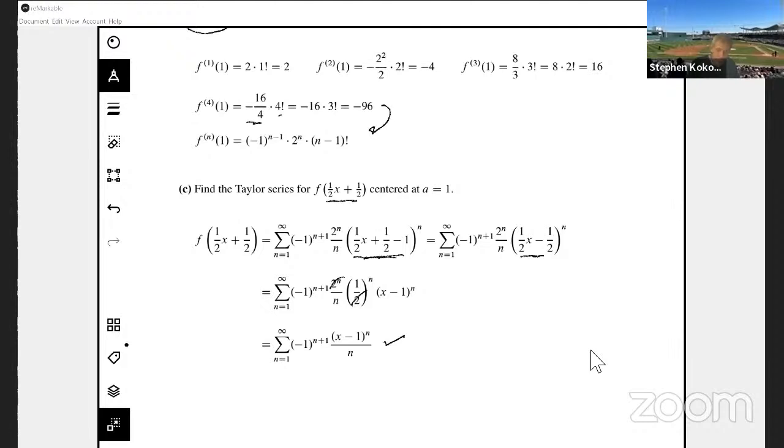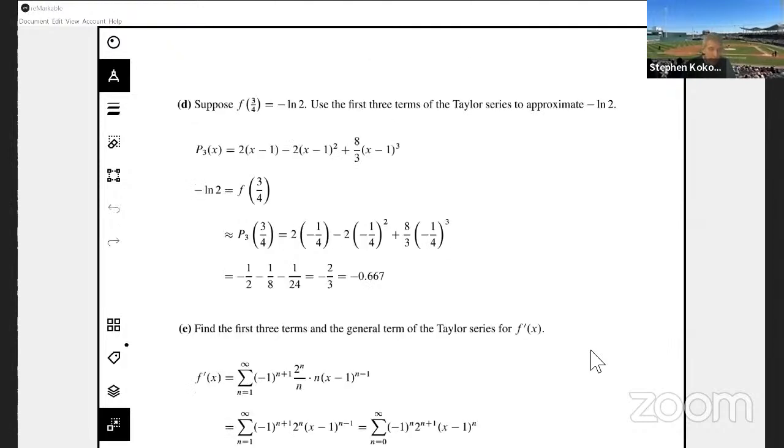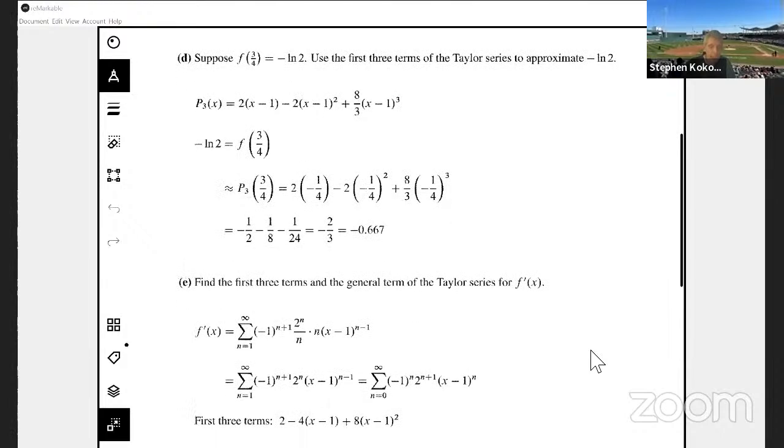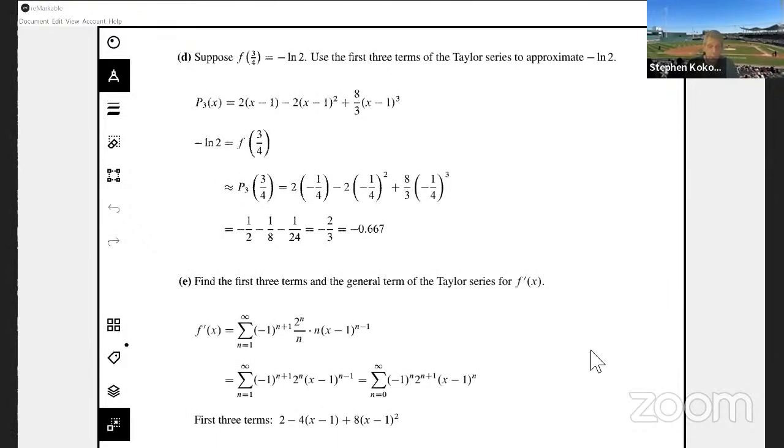Oh, there's more parts here. So let's suppose that I know that f of 3/4 is minus the log of 2. Let's see if we can use the first 3 terms of the Taylor series to approximate minus the log of 2. Well, here are the first 3 terms. How did I get those? I went back to the original series, and I just looked at the first 3 terms.